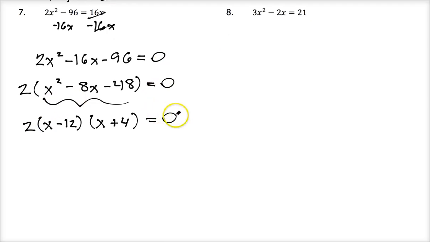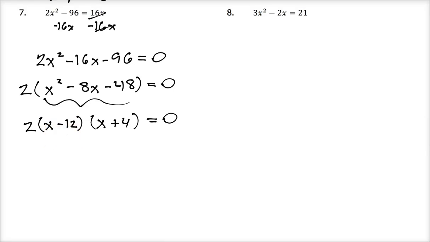And so now look what we have here. We have actually three things being multiplied together. We have a 2 times an x minus 12 times an x plus 4. Okay, and we know that our answer when we multiply each of those together is equal to 0. So we'll use our zero product property here. Now, 2 itself doesn't have a variable with it, so we know the 2 obviously can't be equal to 0.